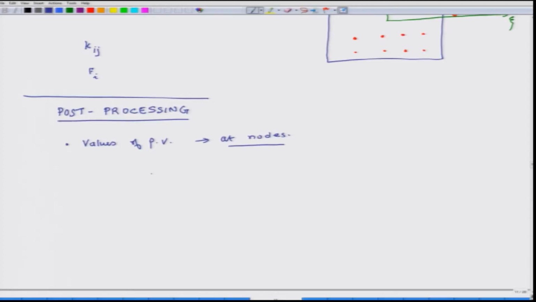Now, suppose there are two elements, element 1, element 2, and these are the local nodes, and these are global node numbers.